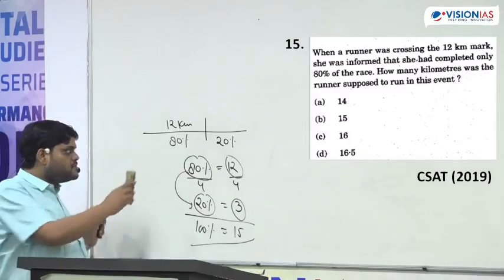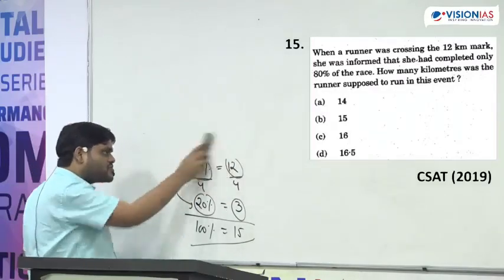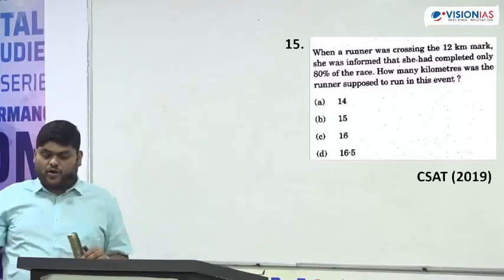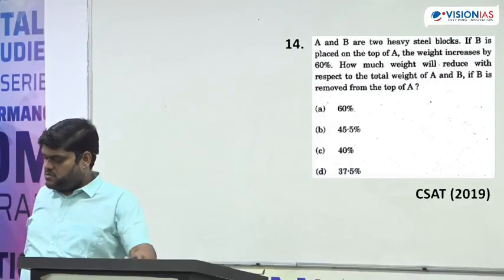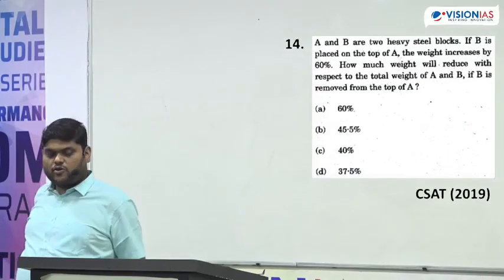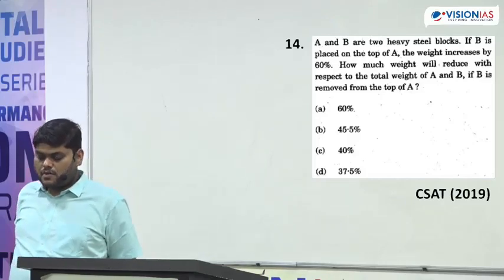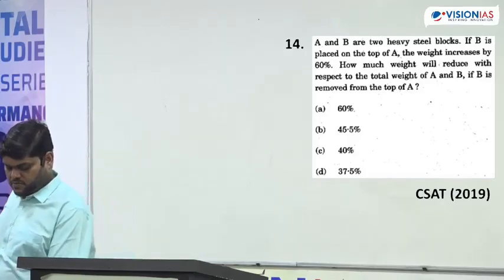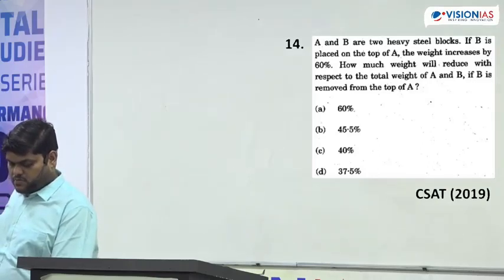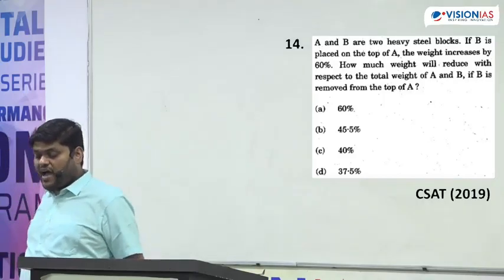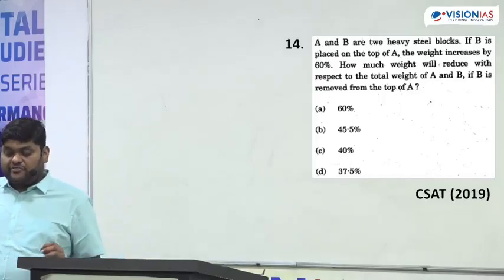Okay? Already we have taken this question, so I am not repeating much. Now try question number 14. Question number 14: A and B are two heavy steel blocks.